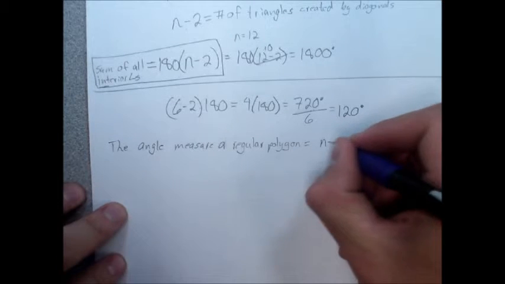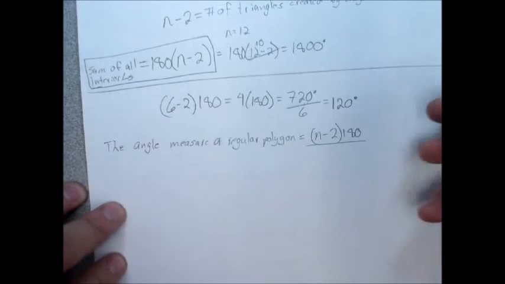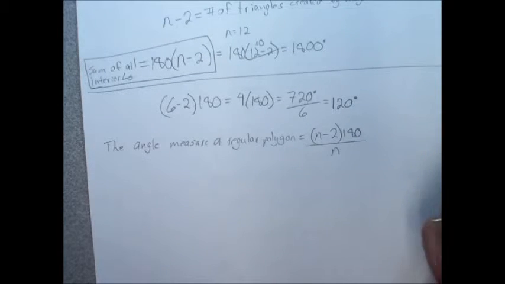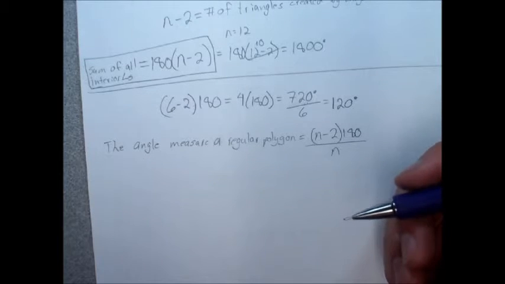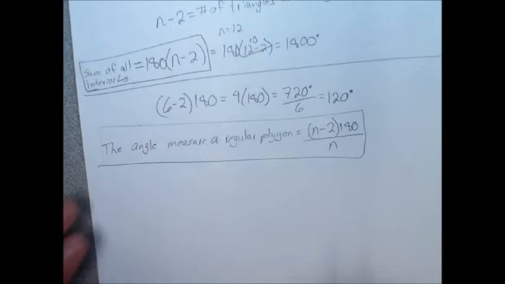So it goes n minus 2 still, multiplied by 180 still, but all we're going to do now is divide it by the number of sides, or the number of angles, which is the same. Okay, so here's the 2 formulas that you get out of investigation 3. Any questions about it?